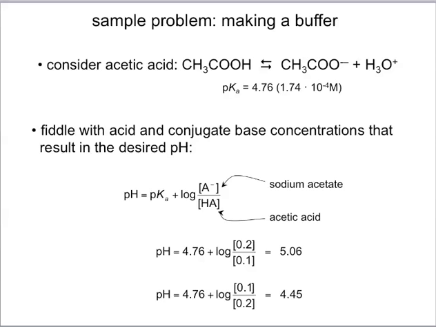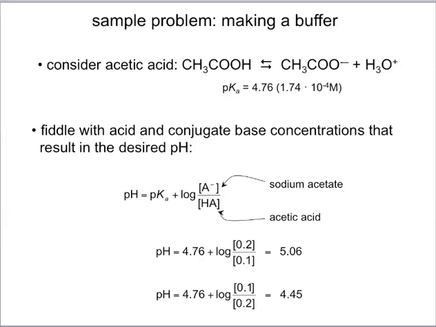Here it is again, the dissociation of acetic acid. Here's its pKa. One way to make a buffer is to go back to our Henderson-Hasselbalch equation and choose some ratios of these two without considering actual molar quantities at this point. Let's choose a couple of ratios and see what happens to our pH.